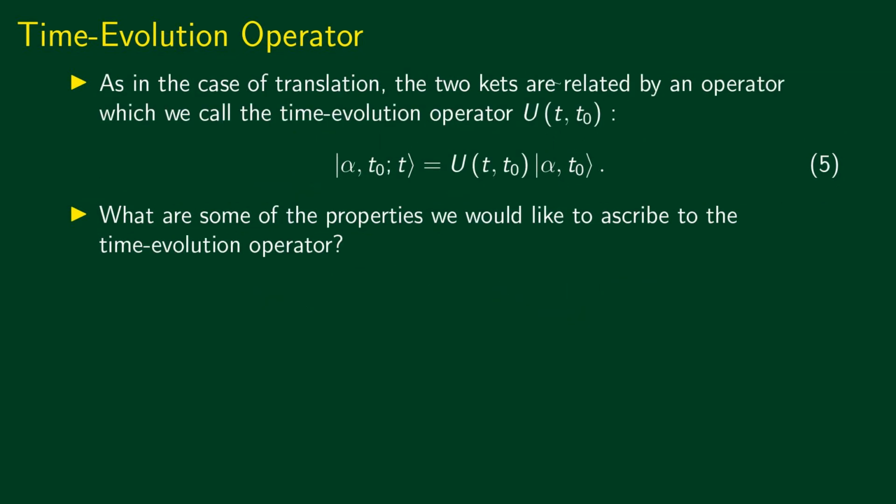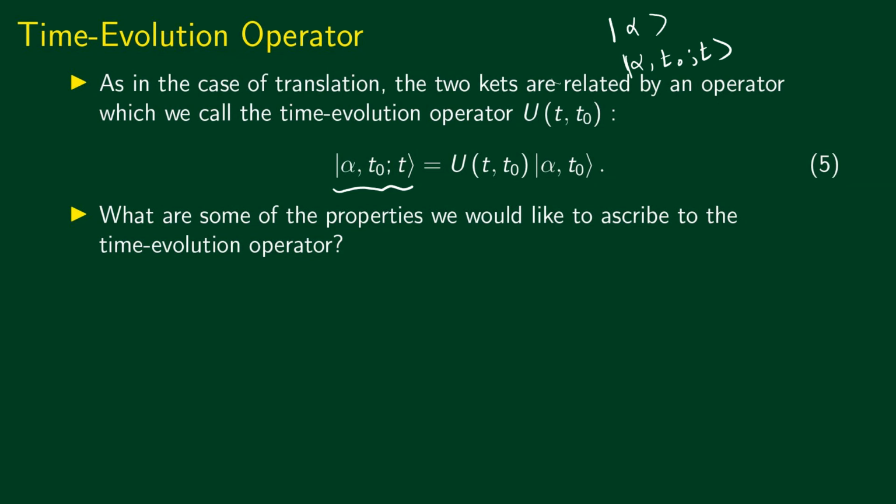Let us assume that there exists an operator that relates the state at an earlier time, |α⟩, and the state at a later time, which we denoted as |α, t0; t⟩, the state at time t, whose state at time t0 was |α⟩. So here is the state at the later time, the time evolved state, |α, t0; t⟩.